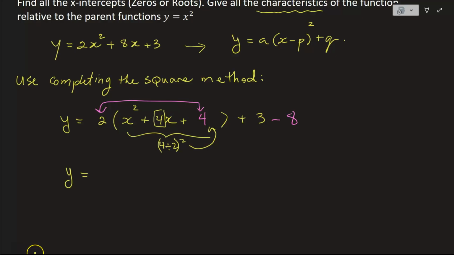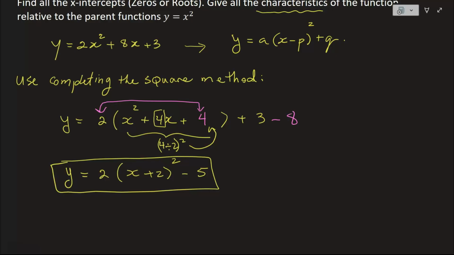So the way you do that is 2 outside, and then the x squared plus 4x plus 4 becomes x plus 2 squared. You're basically factoring that, and then minus 5. This is the vertex form of that general form of a quadratic function.